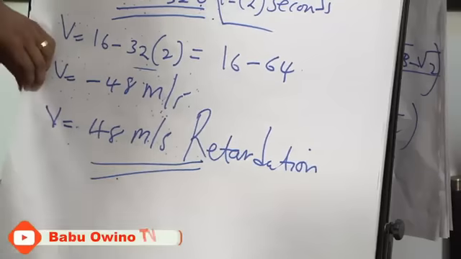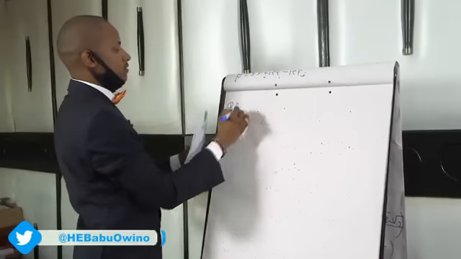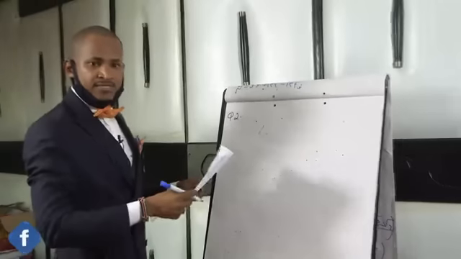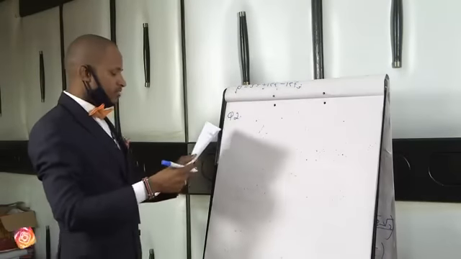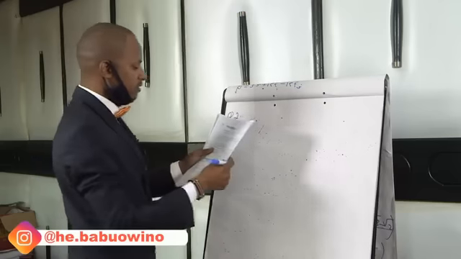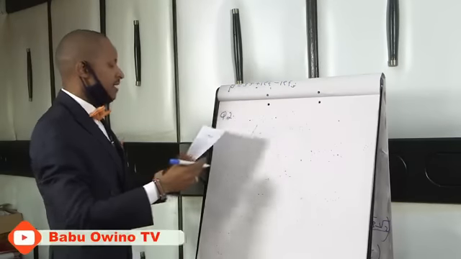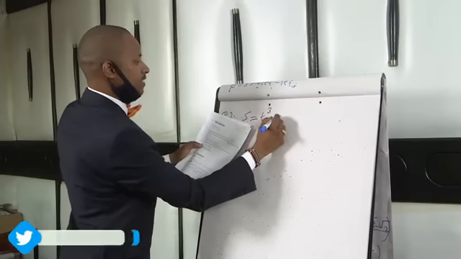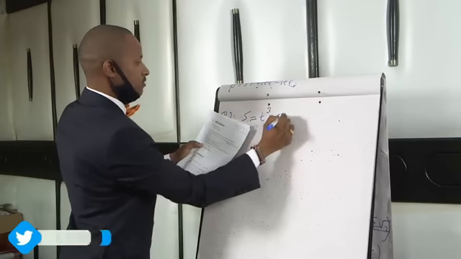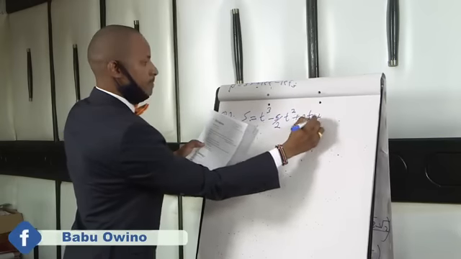Now, we proceed to our next question, question number 2. The displacement from a fixed point of a particle in motion at any time t seconds is given by displacement s is given by t cubed minus 5 over 2 t squared plus 2t plus 5.